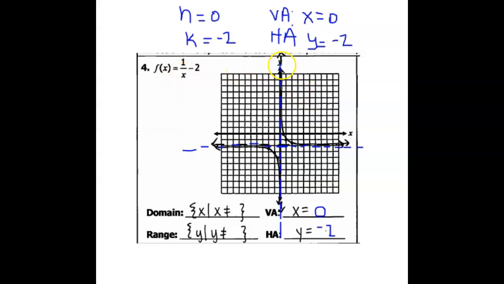So that means that these hyperbolas are just going to hug their asymptotes in the same quadrants. So I can go ahead and sketch the hyperbolas in both of those quadrants.